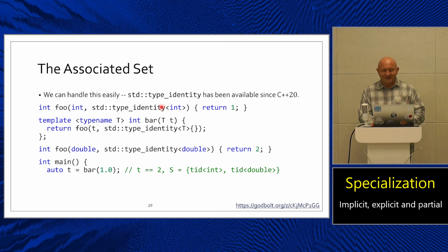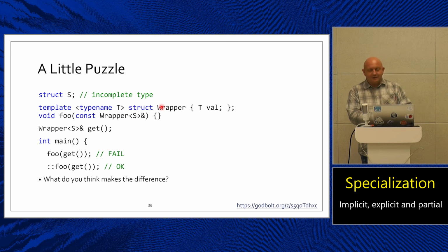Okay, here's a little puzzle that reveals a missing piece in our understanding. We have an incomplete type S and a wrapper template that holds T by value. You see this? And we have a function foo that takes a reference to the wrapper template, which is perfectly fine.